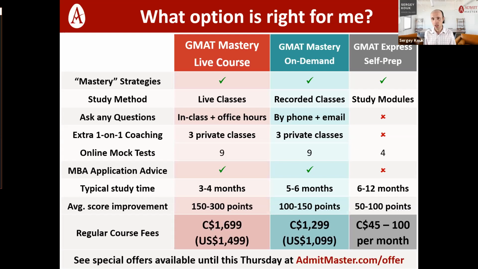It is from about $49 to about $100 a month, and you can pay by month, or prepay a few months in advance. There's the live class, which with the discount has an extra $200 off. And there's also a program that's somewhat blended, where you're mostly studying by yourself, but there is a coach. Remember, with the live program, you have a personal coach that works with you all throughout your preparation, available by phone and email, and you have some private sessions, but you still come into a live group class. With the middle option, you are studying by yourself using our videos, but you have that coach all throughout your preparation.